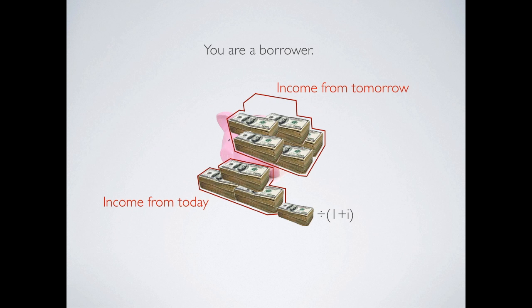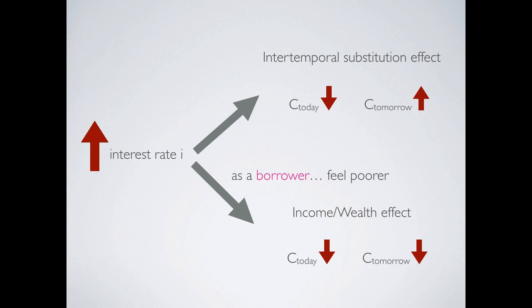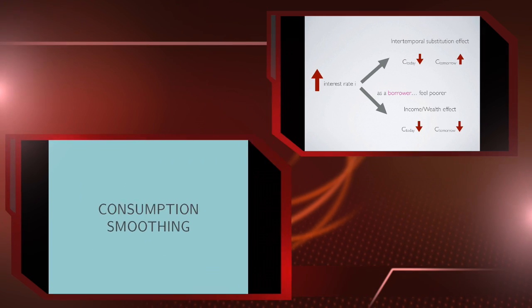Therefore, when the interest rate is higher, the discounting factor will be bigger, which will make your money even smaller. Therefore, you will feel poorer. So when the interest rate increases, if you are a borrower, you will feel poorer. It will create an income and wealth effect that makes you want to decrease your consumption both today and tomorrow.